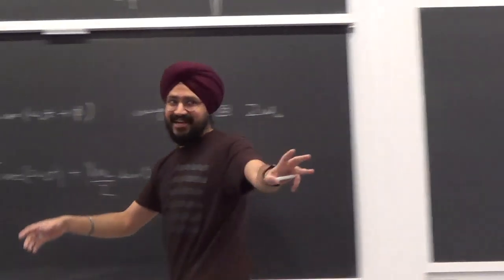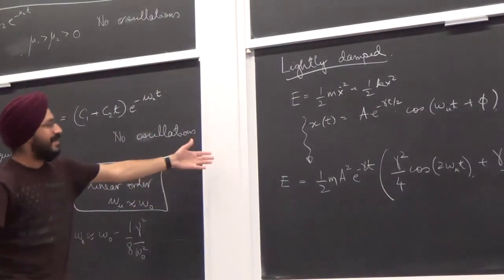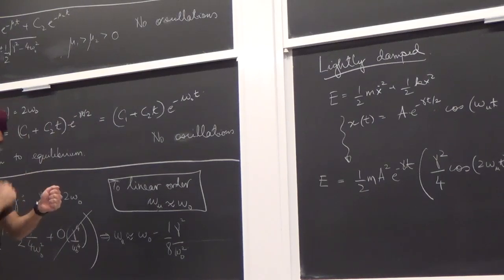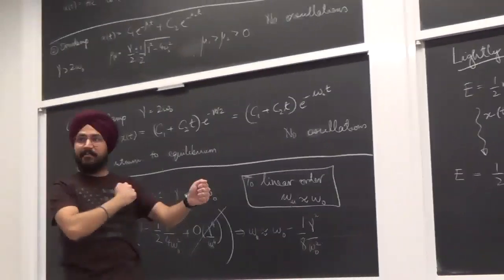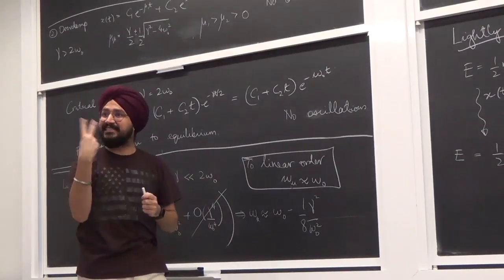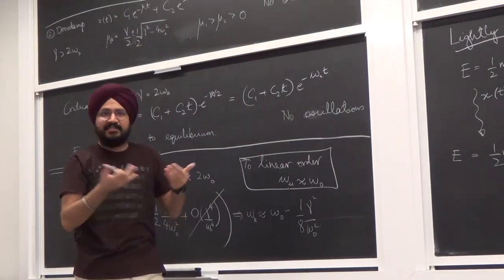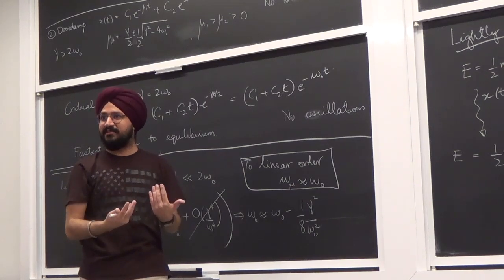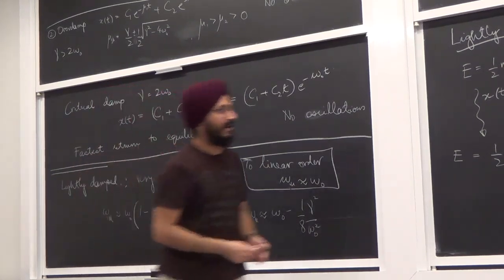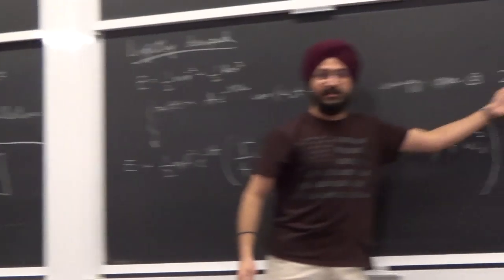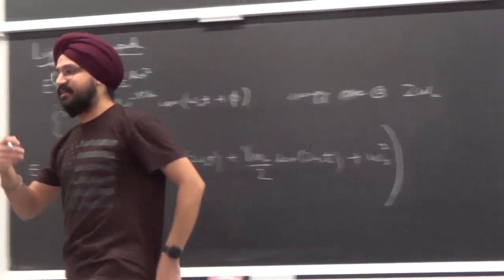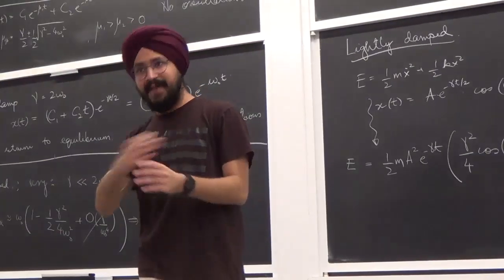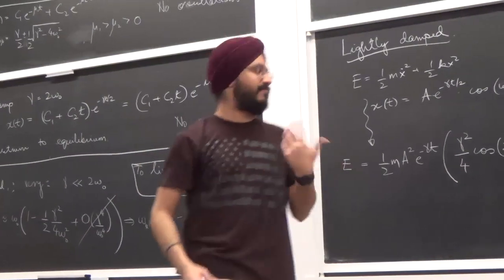For every cycle, it's losing twice the energy because it doesn't matter if you're going or coming back. Dissipation is still dissipation. It keeps on losing energy. And therefore, this twice the frequency is a manifestation of that idea that going back and forth, there's a double factor of that.